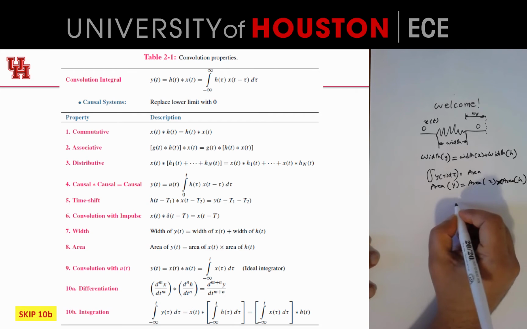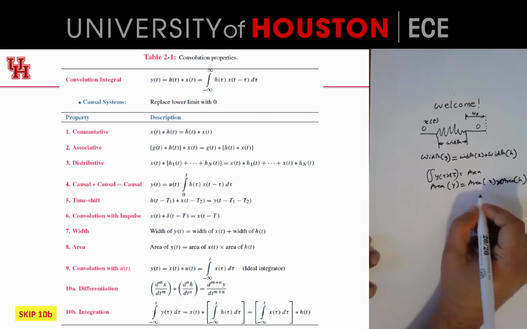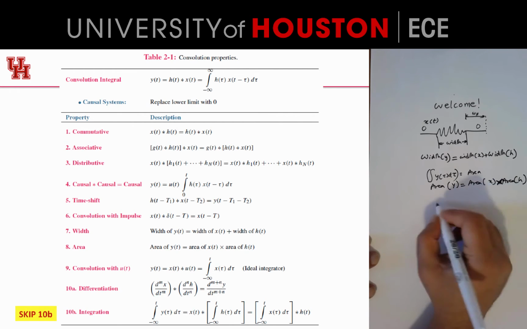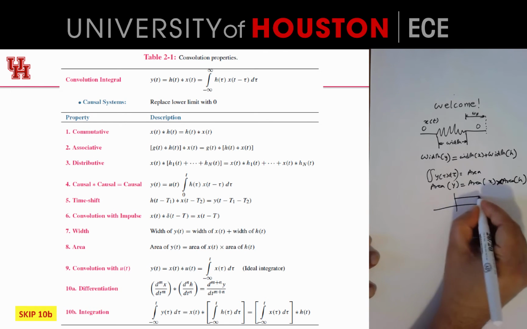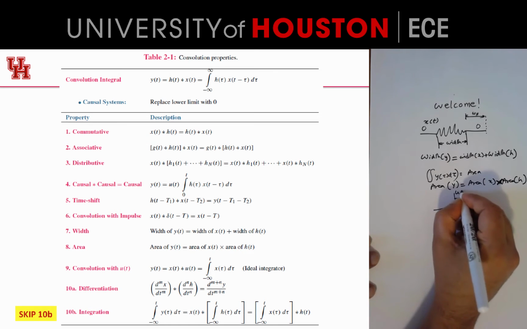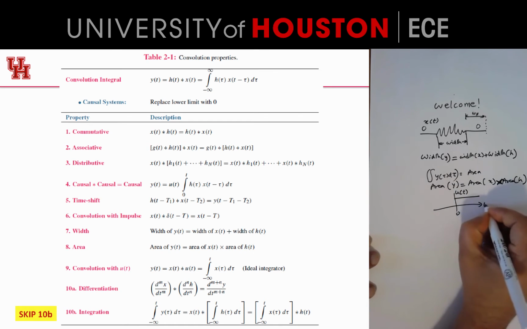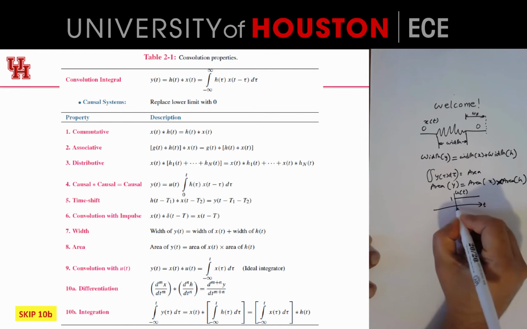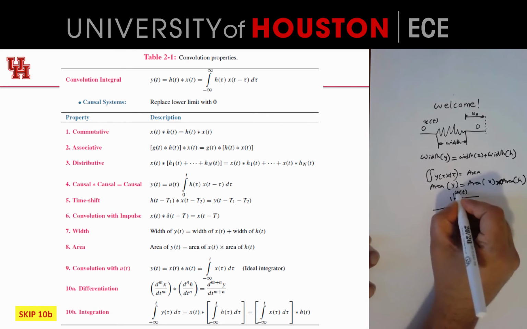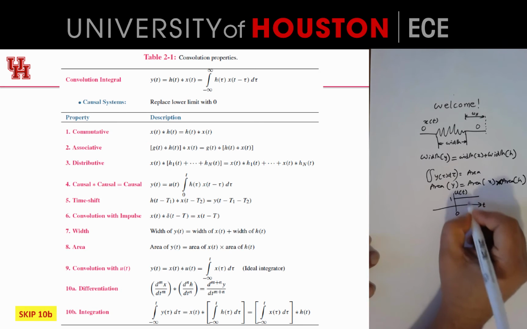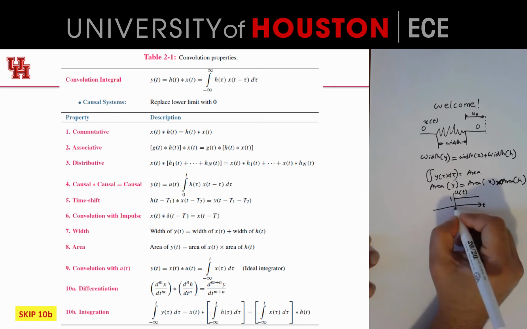Now the other property we talked about is that the convolution of any signal with the unit step function simply makes that signal be integrated wherever the unit step is non-zero. So the unit step goes like this: it's 1 to the right of the axis and 0 to the left. The unit step doesn't amplify or attenuate the signal in any way; it simply multiplies it by 1 to the right.